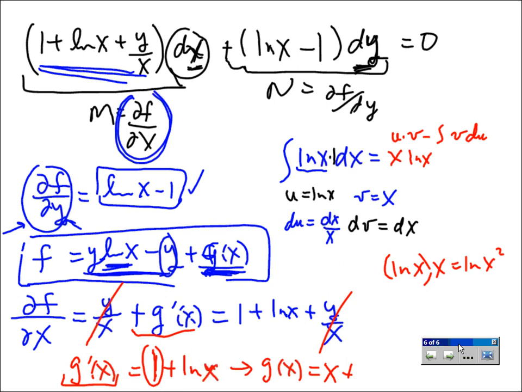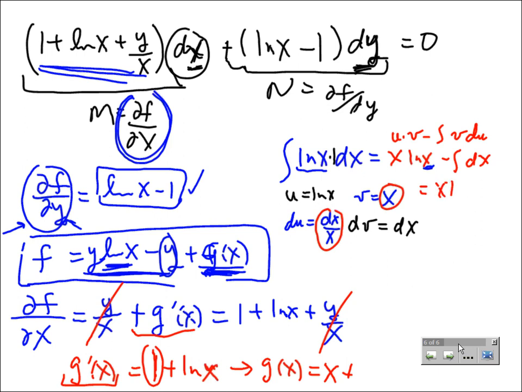So you put the x in front, and you'll never make a mistake as to what you're taking ln of. Minus v du. Well, that's v, and that's du. And when you multiply them, the x's cancel out, and you just get dx. But that's a simple integral. The integral of dx is just x.